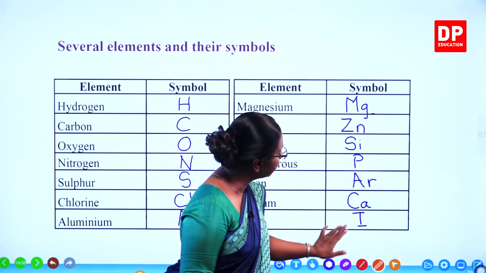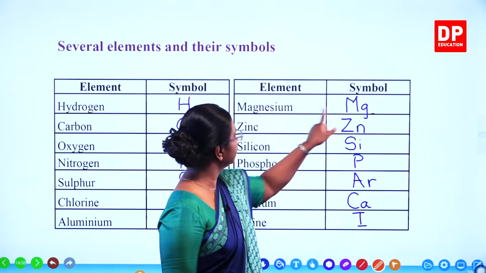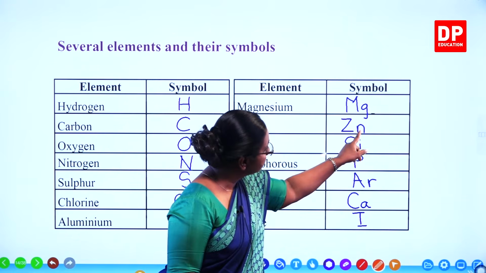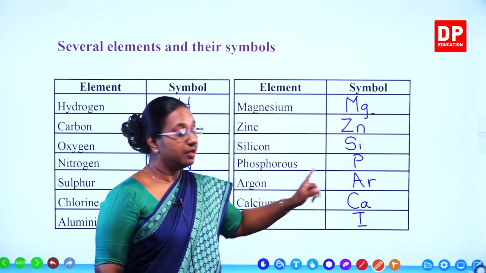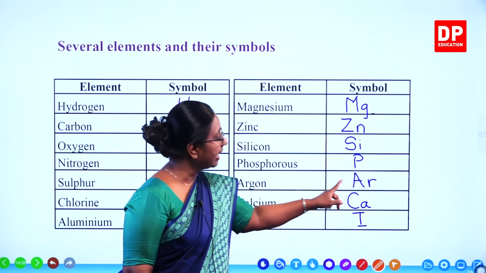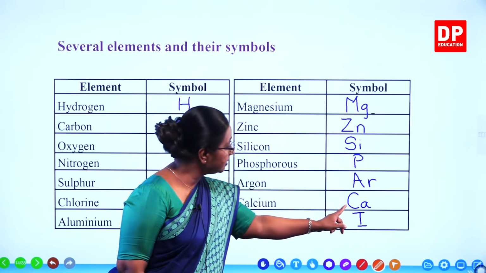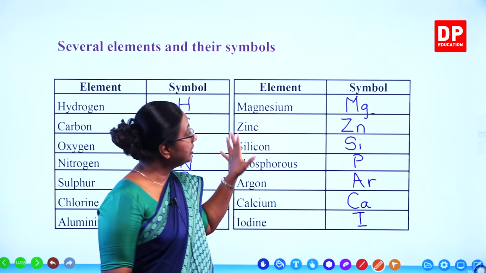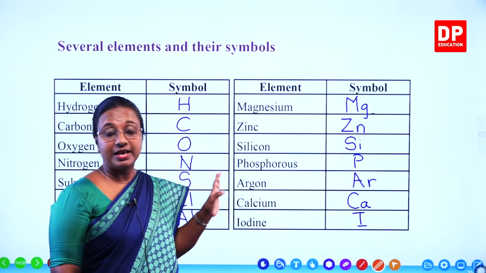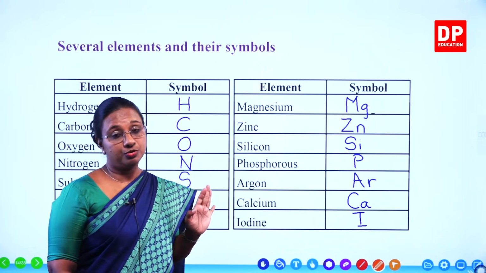So by looking at the symbol, you should know Mg is magnesium, Zn is zinc, Si is silicon, P is phosphorus, Ar is argon, Ca is calcium, and I is iodine. So these are the symbols of elements that you need to know.